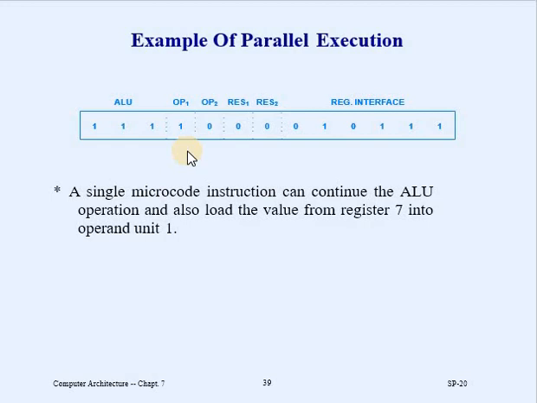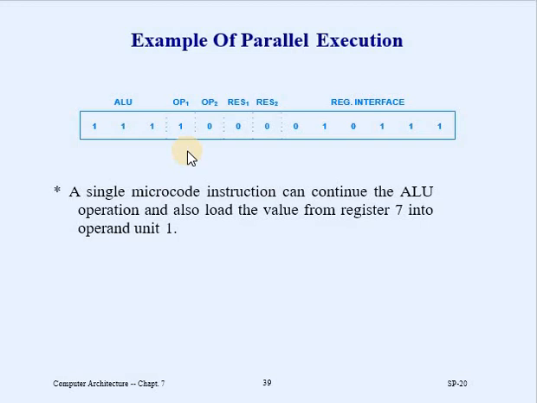OP2 has a 0 value, so we are instructing operand 2 to do nothing. We are instructing operand 1 to fetch whatever data is available at the data transfer mechanism, and to copy that data into the OP1 register for further processing in the coming cycles.